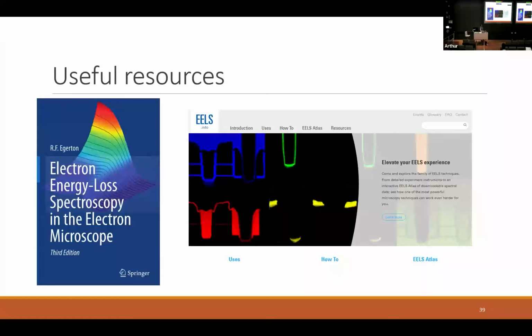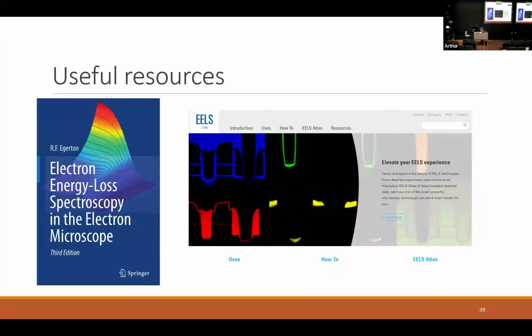So throughout this talk, I've been pulling resources from these two really cool places. If you're interested in learning more about EELS, I would definitely recommend Egerton's book. It's kind of the Bible of EELS, so definitely check that out. It's also available for free download, which is nice. Another good electronic resource is eels.info from Gatan.